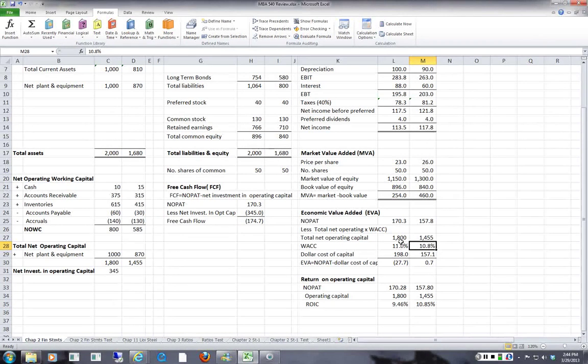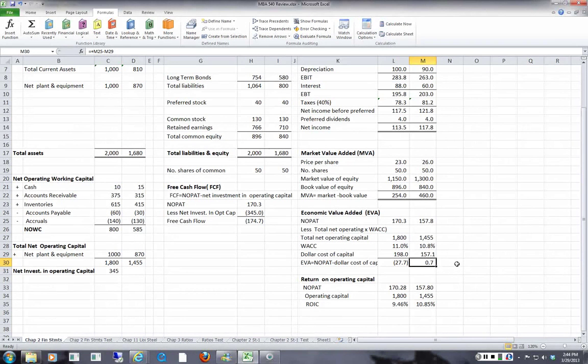So here we've got economic value added, which is NOPAT minus this dollar cost of capital, which is determined as 11% of $1,800,000. So EVA is a negative $27.7 thousand in 2010. In 2009, it's a positive $700.